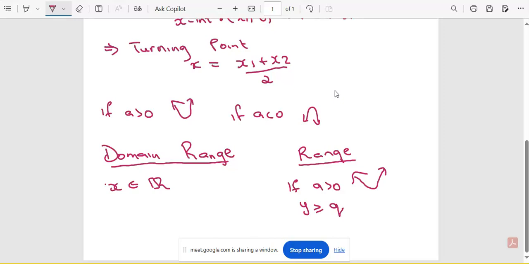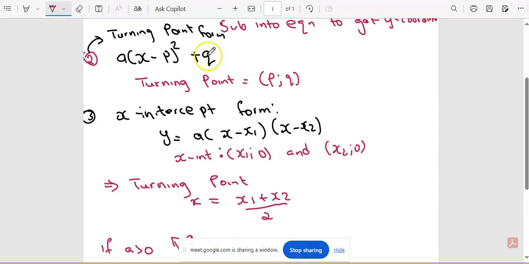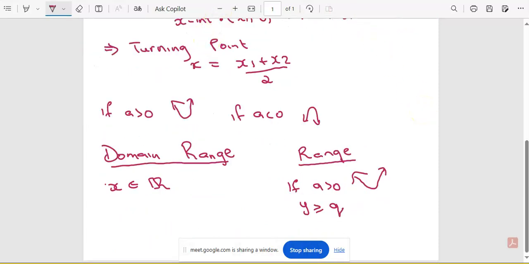You just go to your graph and take the value of q, which is the y coordinate of the turning point. The range must be that number going up. You understand?